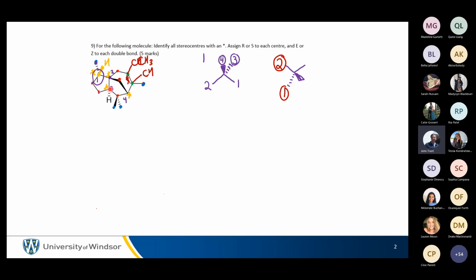Then we have to go to the next heaviest one, which is going to be this guy. Next heaviest one from this guy is going to be this guy. If we're comparing these 2 carbons now, this guy we've walked all the way around to here, this guy we've walked all the way around to here, and we haven't broken the tie yet. So if we're on this guy, it's 3 carbons and a hydrogen. This guy is 3 carbons and a hydrogen.